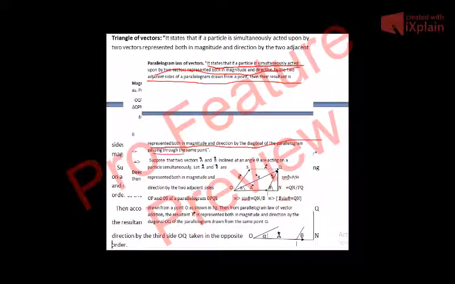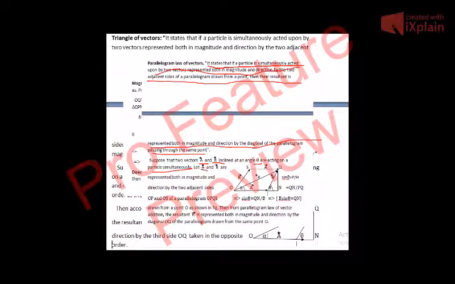So in the triangle of vectors, the resultant is represented by the third side, and in the parallelogram law of vectors, the resultant is represented by the diagonal of the parallelogram passing through the same point. Suppose that two vectors A and B, inclined at an angle theta, that is theta is the angle between A and B, are acting on a particle simultaneously.